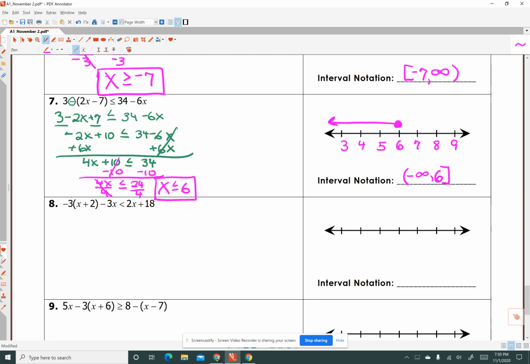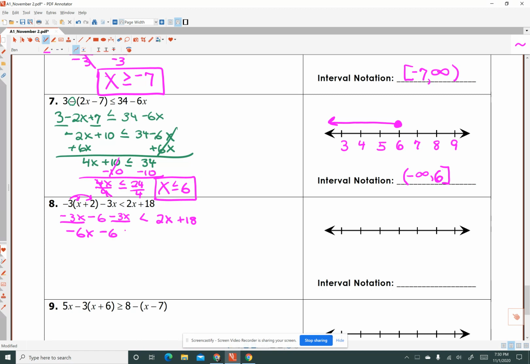Now number 8, we do need to distribute. So that will give us negative 3x minus 6 minus 3x is less than 2x plus 18. We can combine the negative 3x minus 3x, which will give us negative 6x.